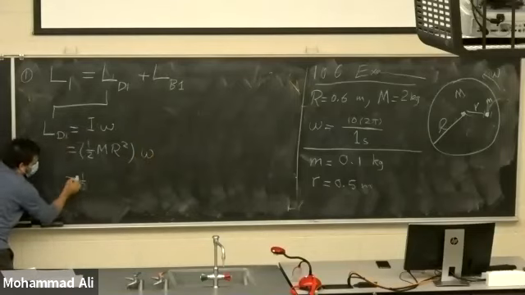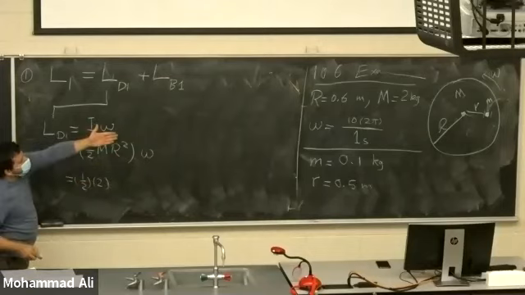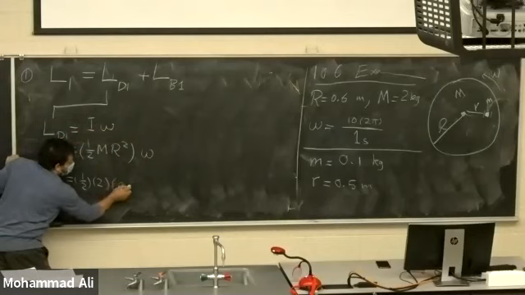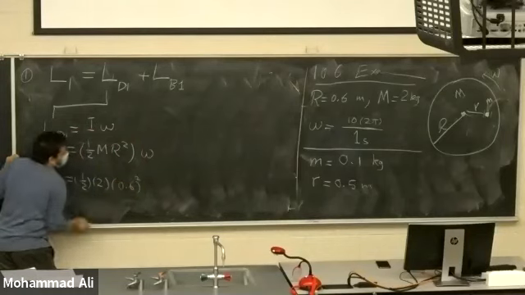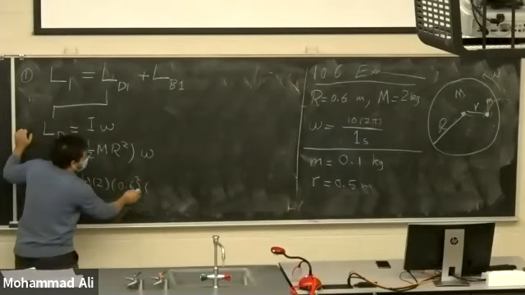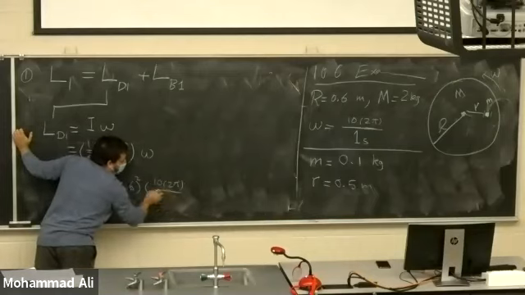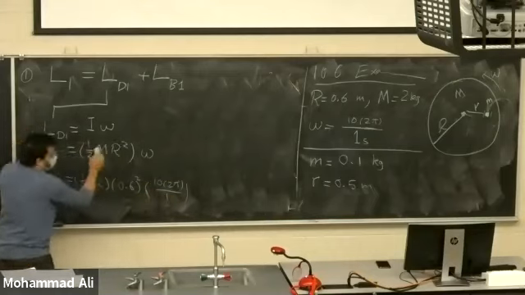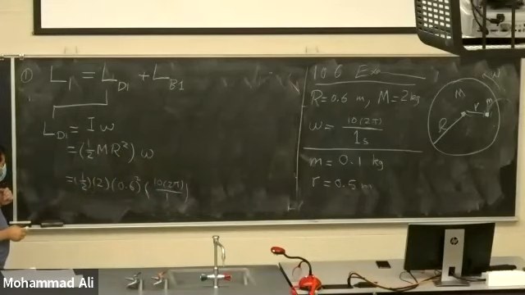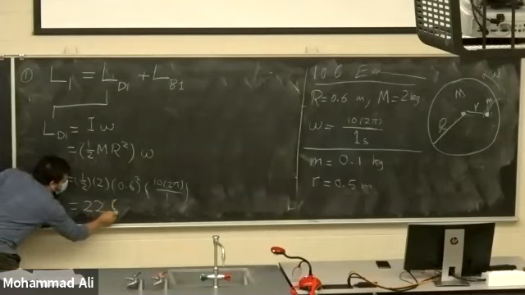So it is equal to half, the mass is 2, R squared is 0.6 squared, multiplied by omega, which is 10 multiplied by 2 pi over 1 second. There are no squares on the omega. Okay? This will be equal, all of this, to 22.60.